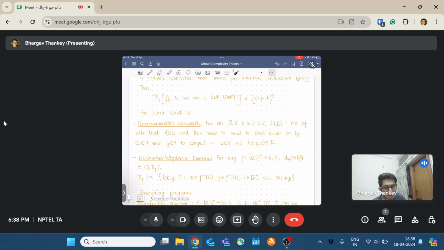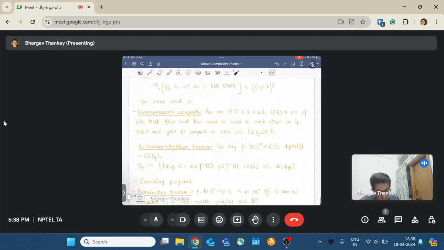And the connection between communication complexity and circuit complexity is the following. It was proved by Karchmer and Wigderson, and they showed that for any function f from {0,1}^n to {0,1}, the depth of f is C(R_f), where R_f is the relation (x, y, i) such that x is in f inverse 0, y is in f inverse 1, and i is such that x and y are different.